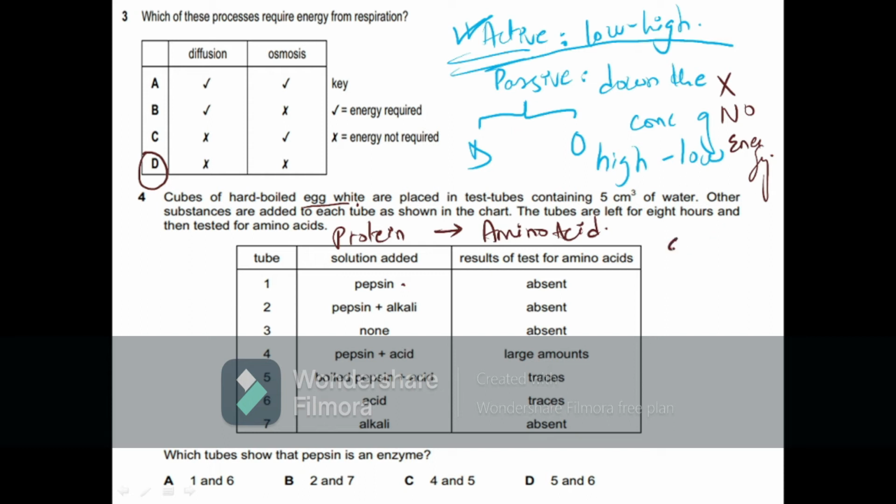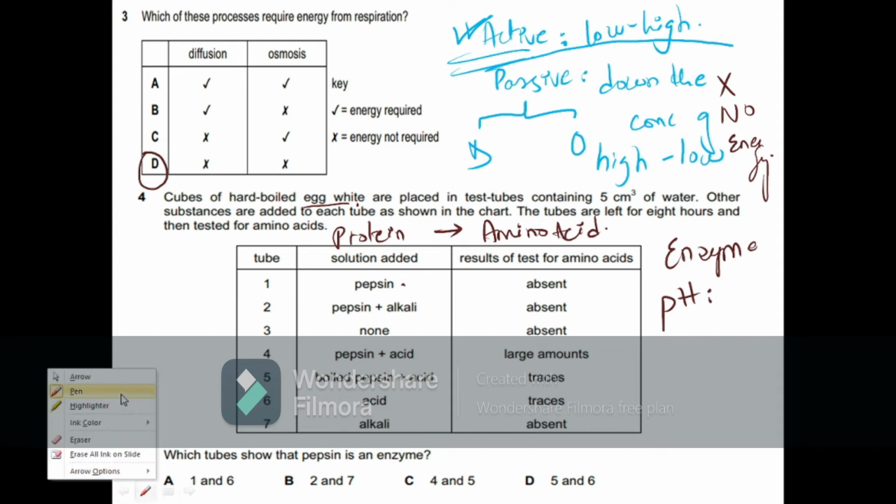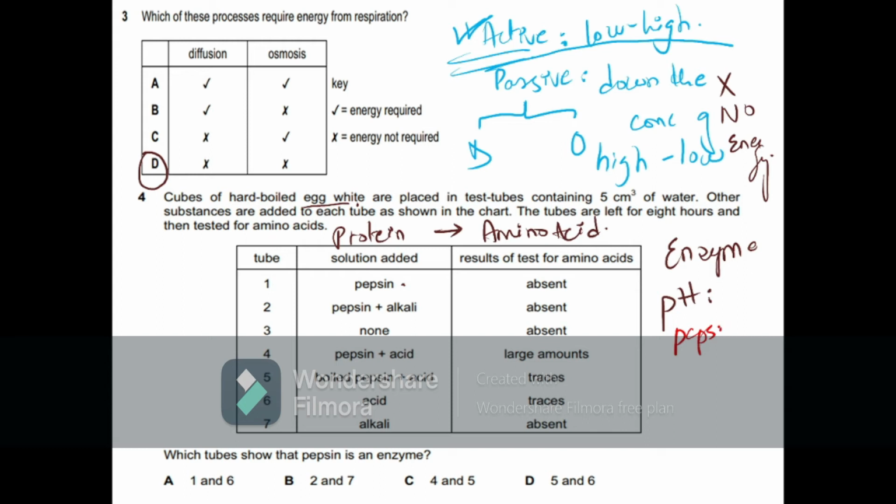Okay, when we study enzymes, there are two main factors that can affect the activity of enzyme. Number one factor is the pH. Enzymes need a particular pH for their working, and pepsin is the enzyme present in the stomach of mammals, and for the action of pepsin we require acidic pH, which is maintained by HCl secreted from our gastric walls.